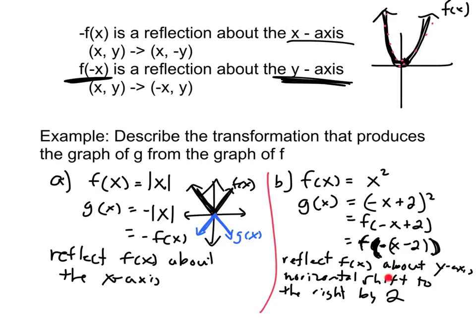And then a horizontal shift to the right by 2. So 1, 2, so over here. Here's 0, 1, 2. And so my parabola will look exactly the same, except it'll be to the right by 2. Okay, and this is what the function g of x would look like.